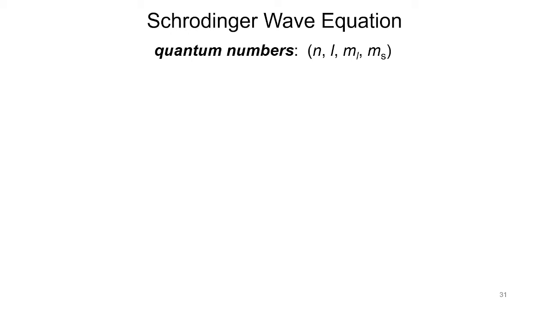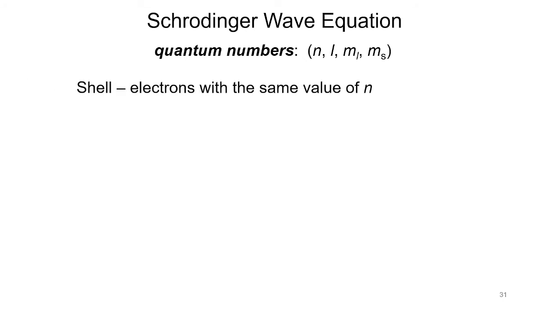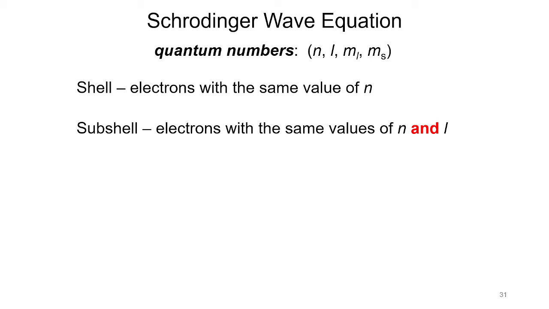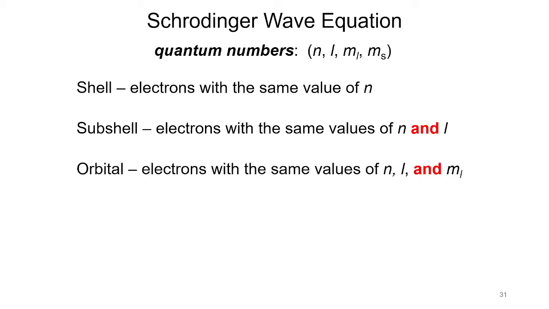Okay, so quantum numbers. This is just the summary of that. We have the shell. We have the subshell, which is electrons with the same values of n and l. We have the orbital, which contains the magnetic spin. And so, how many electrons can an orbital hold?